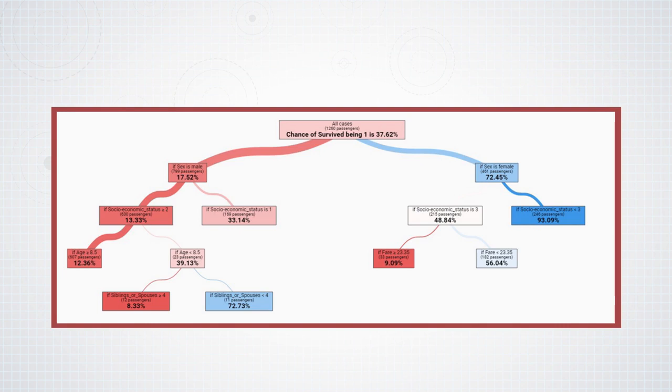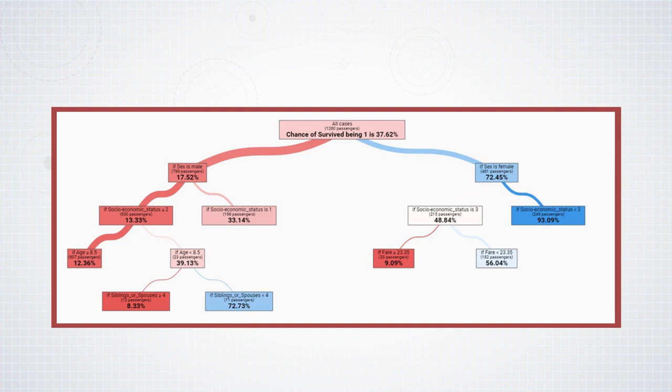And once again, here you can see that the width of the line is used to represent something, and the color of the lines and the nodes is used to represent something. In this specific example, the width is just to see how many passengers follow that specific path. And the color represents what is the percentage of survivors.